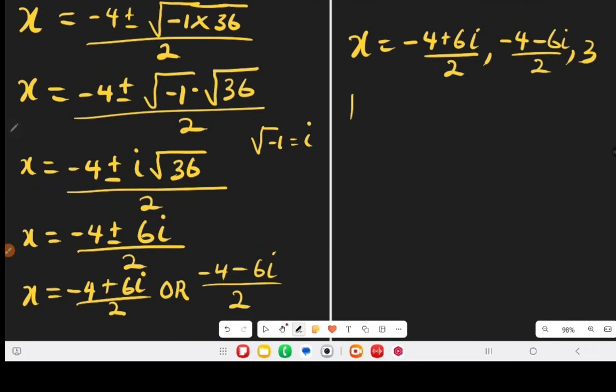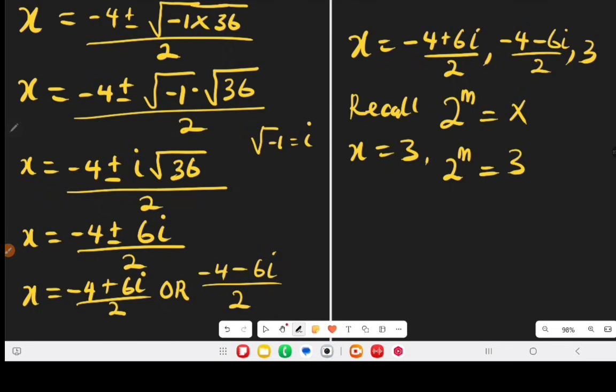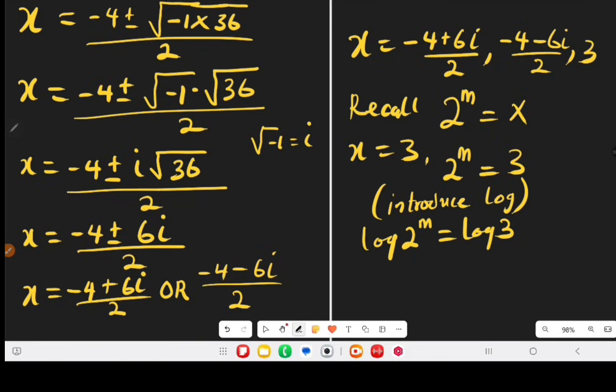Now recall 2 raised to the power of m is equal to x. When x is equal to 3, we put it into this formula. We are having 2 raised to the power of m equal to 3. Now we introduce logarithm. We have log of 2 raised to the power of m equals log 3.